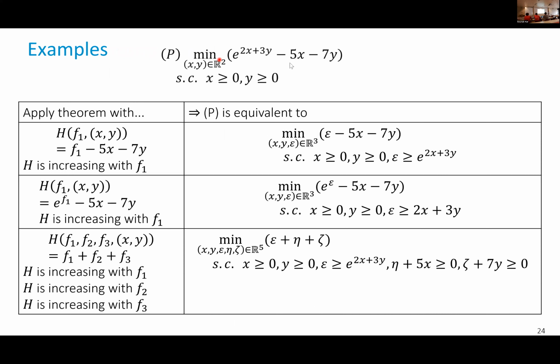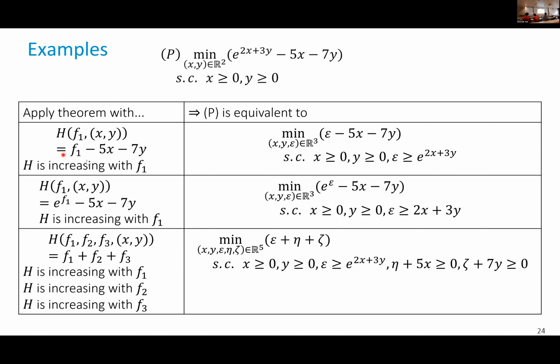Toy example: assume you have this complicated example that comes from one of your sub-problems. So 2 variables, x, y, and I have to minimize this. We see that the objective function has 3 elements. Here I'm showing three different ways I can break it into constituent elements. I can say it is this, minus 5x minus 7y.